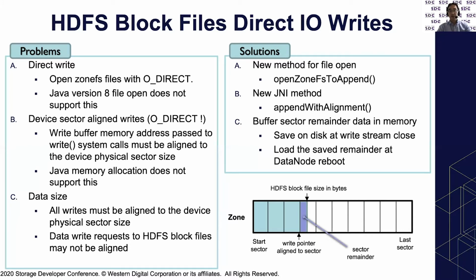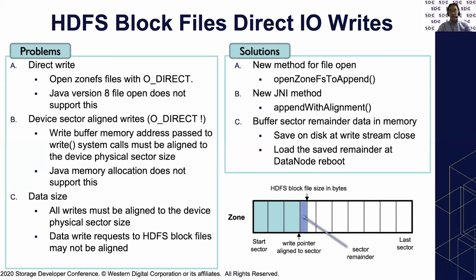These problems can be addressed with three solutions. As for the first problem, HDFS already has a special way to open files with special flags. Using this, a new Java method can be implemented to support all direct flags at file open.